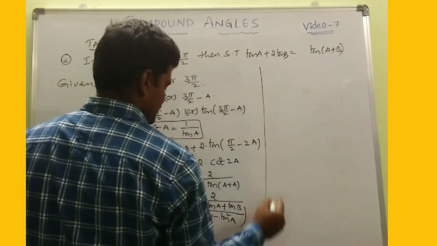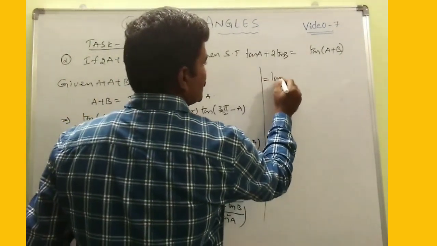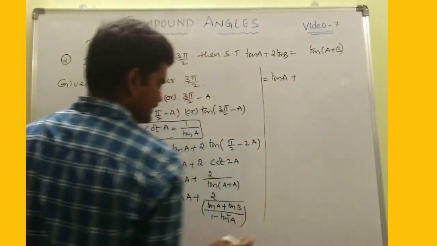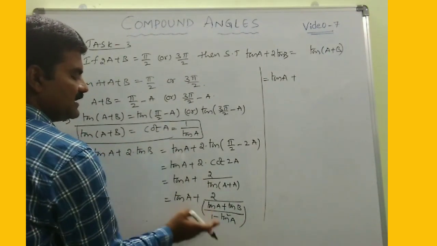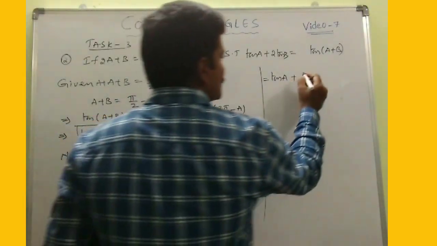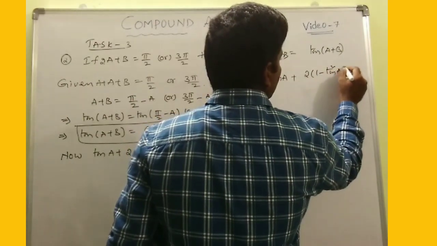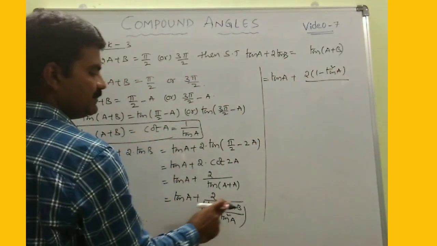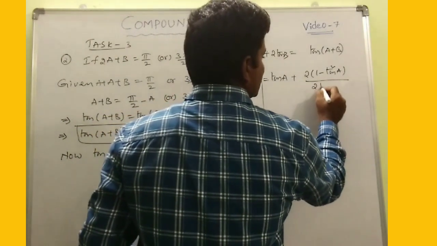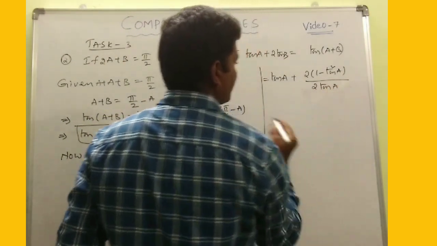Now this is equals to tan a plus, this comes under numerator, so 2 into 1 minus tan square a by tan a plus tan a, which is 2 tan a.